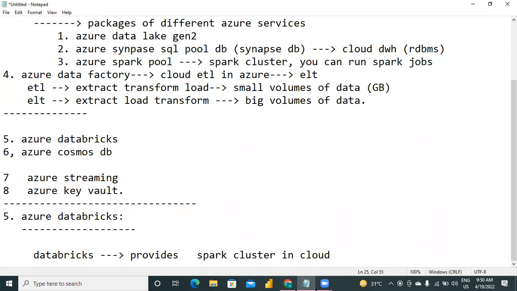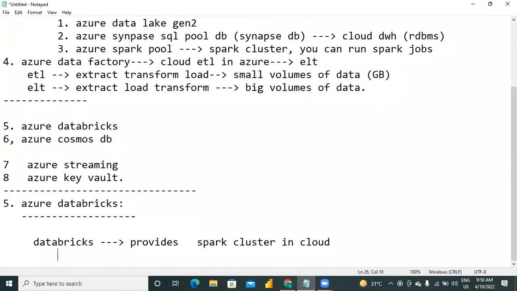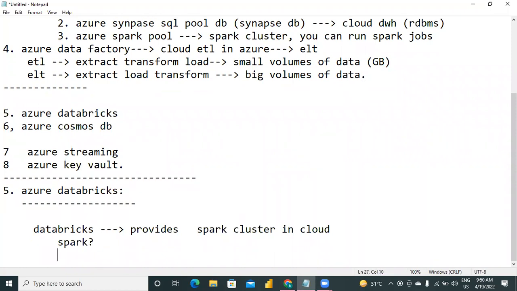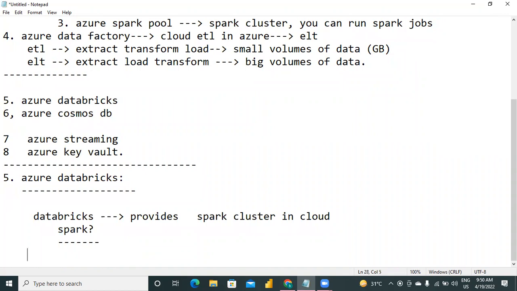No need to come to Azure Databricks; you can directly open databricks.com and set up your cluster. First of all, what is Spark? Spark is an execution engine to process big data with high speed.